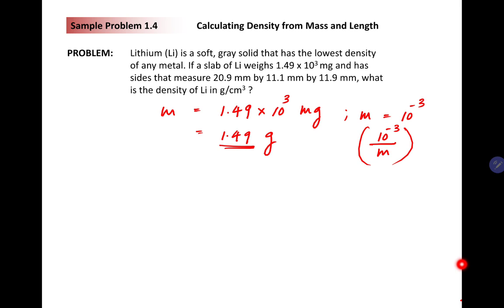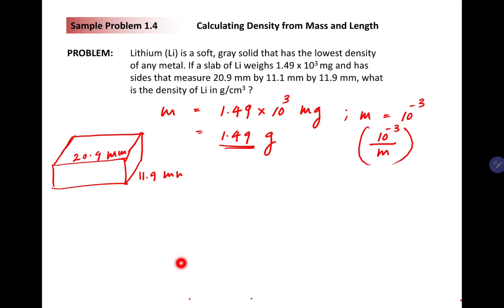The dimensions are given. So let's draw a nice little piece of lithium. This is the lithium slab that we have. One side is 20.9 millimeters, this side is 11.9 millimeters, and this side is 11.1 millimeters.